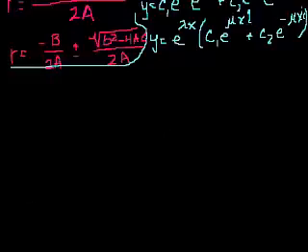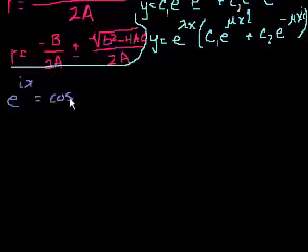And what was Euler's formula? I'll write that in purple. e to the i theta, or we could write e to the ix, is equal to cosine of x plus i sine of x.